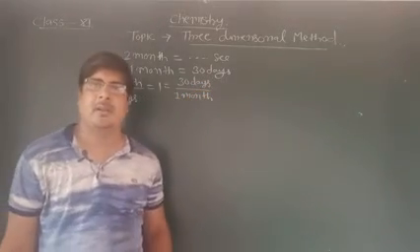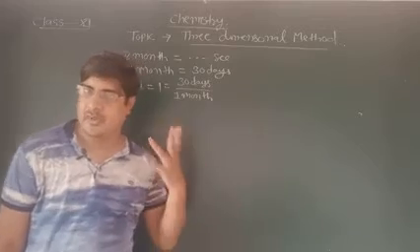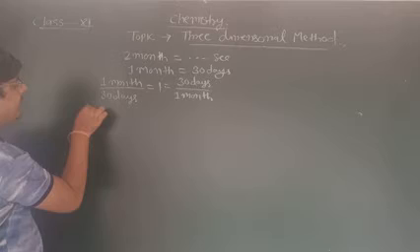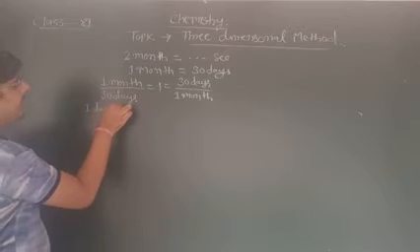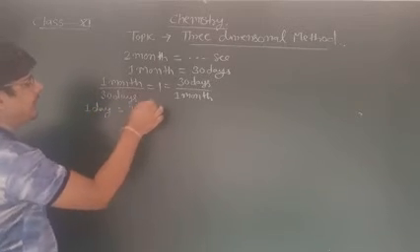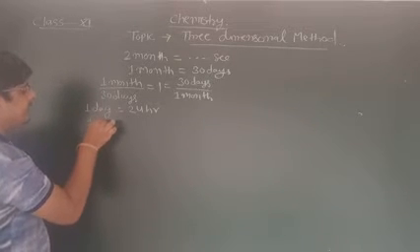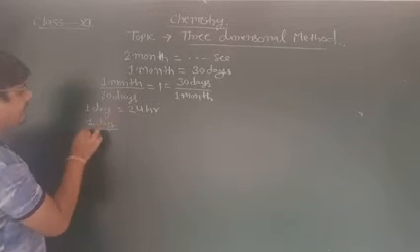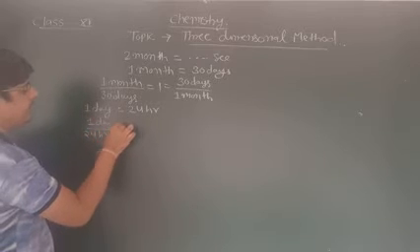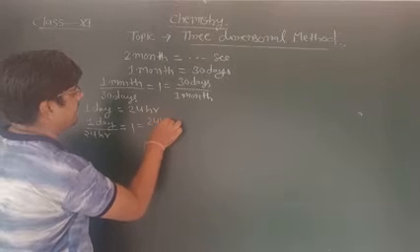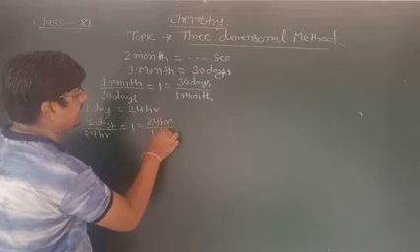Then convert day into hour, as I already told you in this video. You know very well, 1 day is equal to 24 hours. So write in unit form, 1 day upon 24 hours is equal to 1, which is equal to 24 hours upon 1 day.